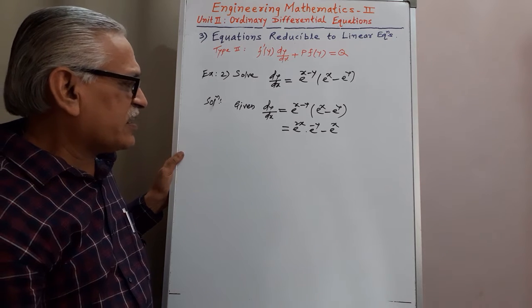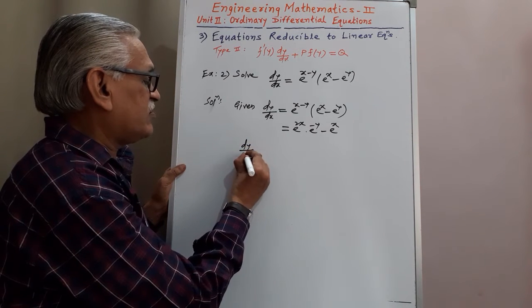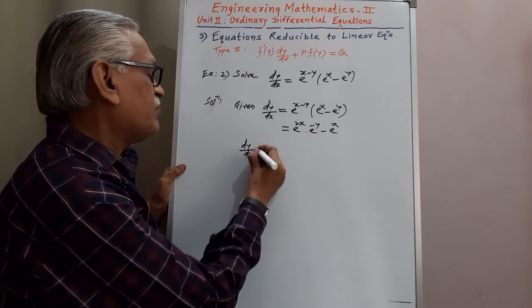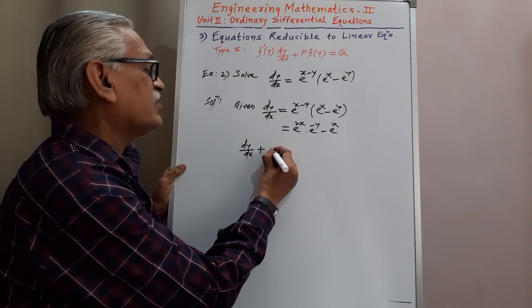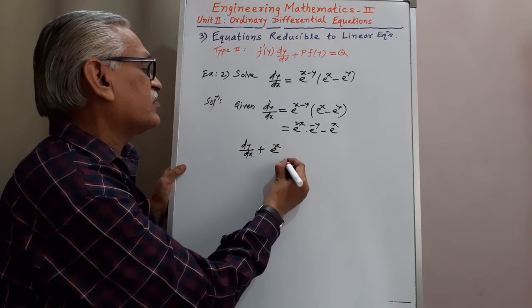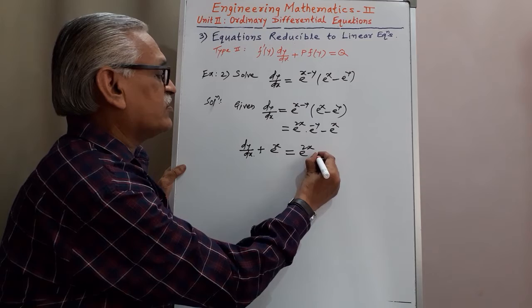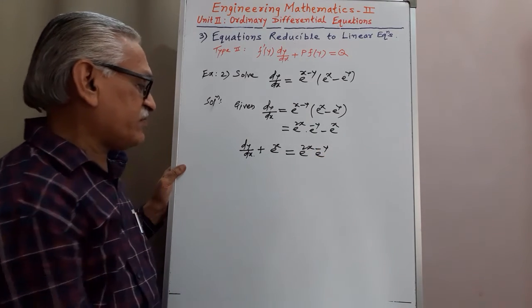And then rewriting it, dy by dx plus e raised to x is equal to e raised to 2x e raised to minus y.